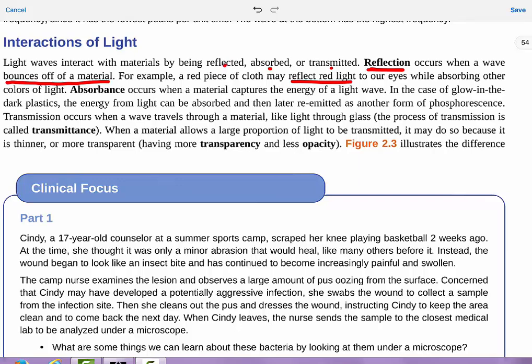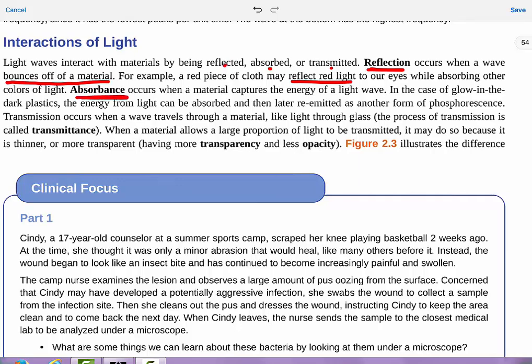The reason we see different colors is because, if you think back to some of the things you learned about light, sunlight is actually all of the different colors of the rainbow. As what looks to be white light is coming in and hitting something, what is reflected back is the color that we see. And what is absorbed, we do not see.